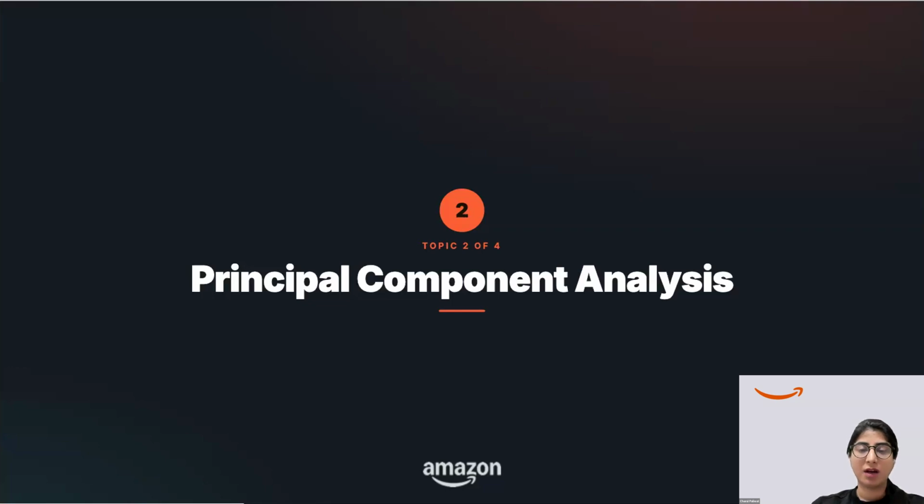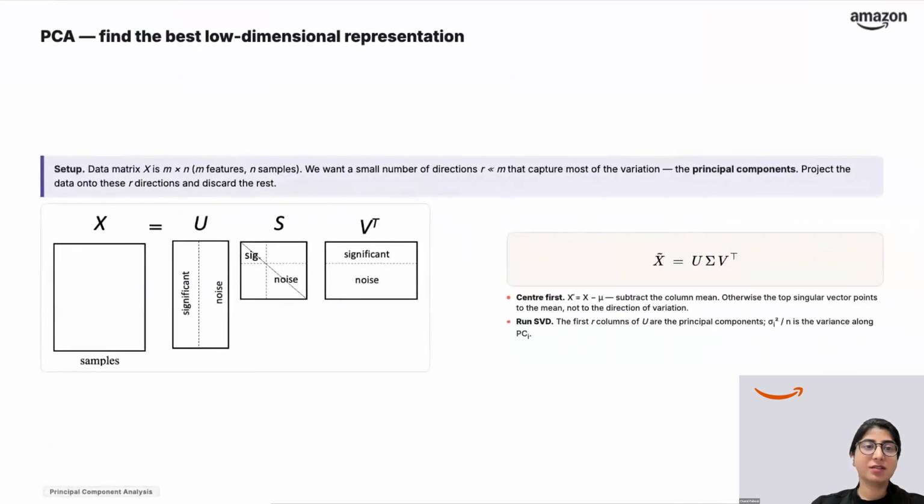We'll see how we do that. Suppose we have a data matrix X with m features and n samples, and we want a small number of directions, much smaller than m, that captures most of the variation in the data.